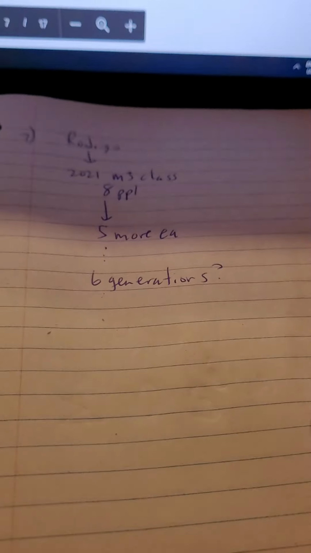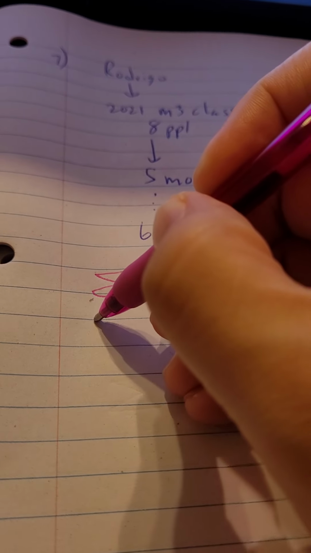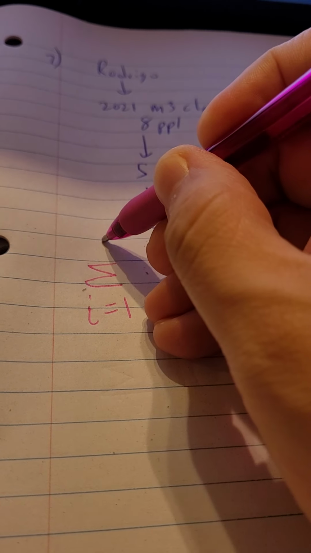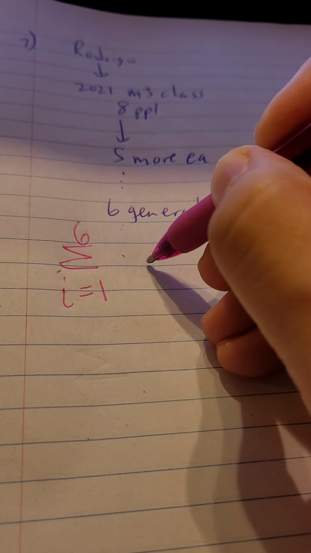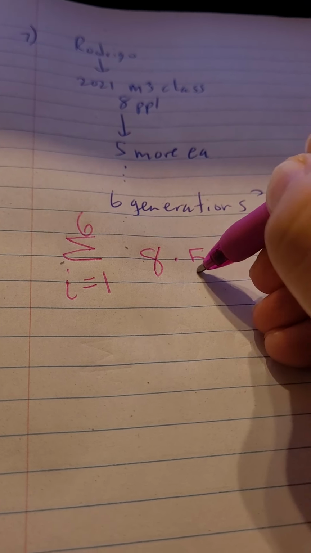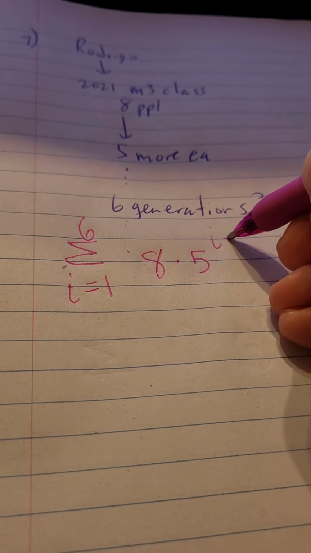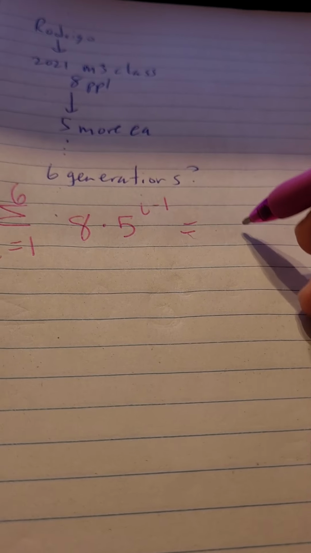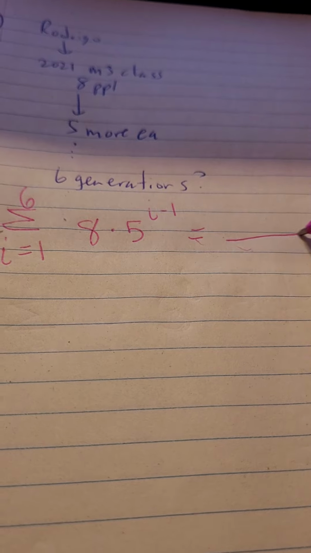So let's set that up. Again, this is with our friend Sigma. I starts at 1. We're doing 6 generations. There's 8 of you right there. You guys are going to teach 5. I minus 1. That's just to help us see, the 8 and the 5 are the important ones, the 8, 5, and the 6.